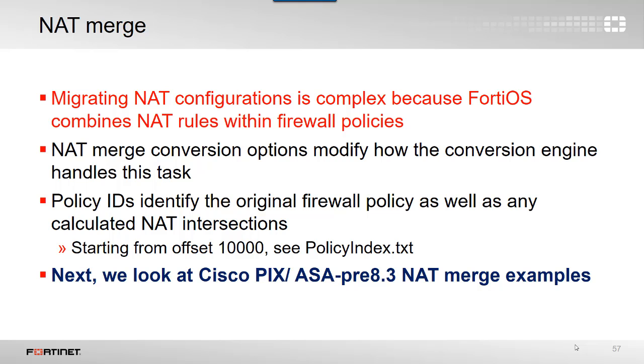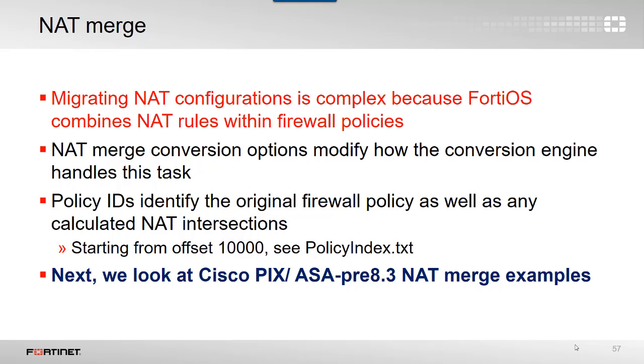So here we're going to look at some specific use cases of how the NAT merge works. We leverage the policy IDs to identify some of the NAT rules that have been generated. For now, we'll just say that the default offset is 10,000.